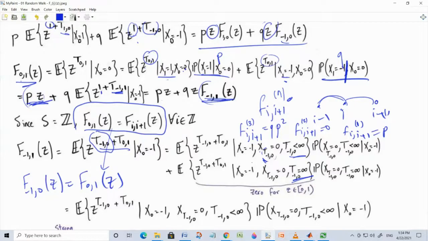So the conditioning here will be on x of t minus 1 0 equals 0, and t minus 1 0 is finite. This means that you have reached 0 from minus 1, but now this happens at an infinite time. And of course, you need to multiply by the probabilities.